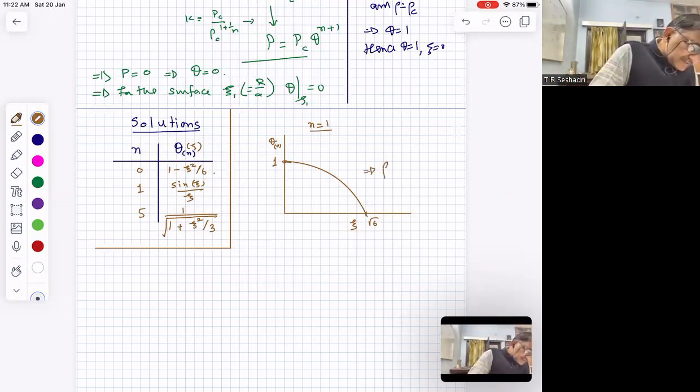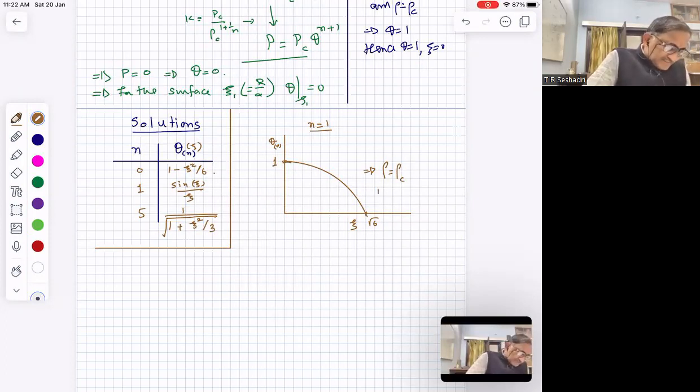And this implies that rho equal to rho c, because my n is 0. So it's okay. Now, remember that although rho is constant, theta is not constant. And that is because theta is being raised to the power 0 in this case. So even when theta varies, rho is a constant.